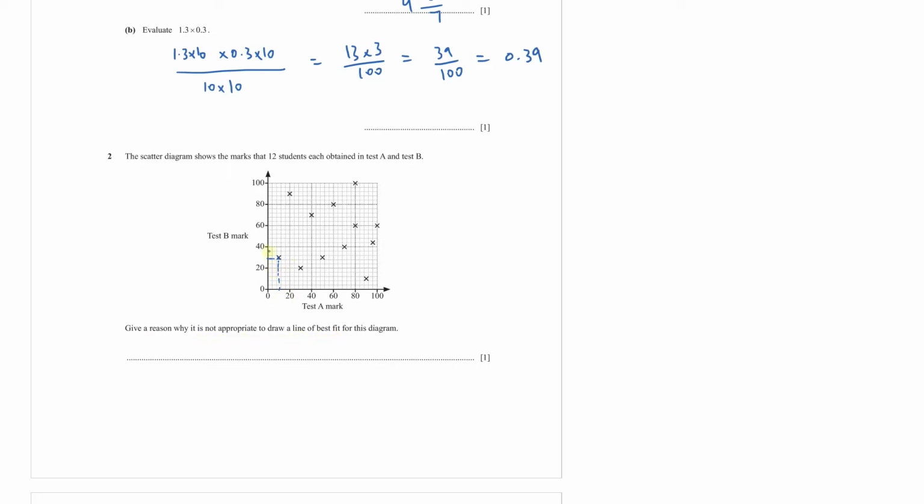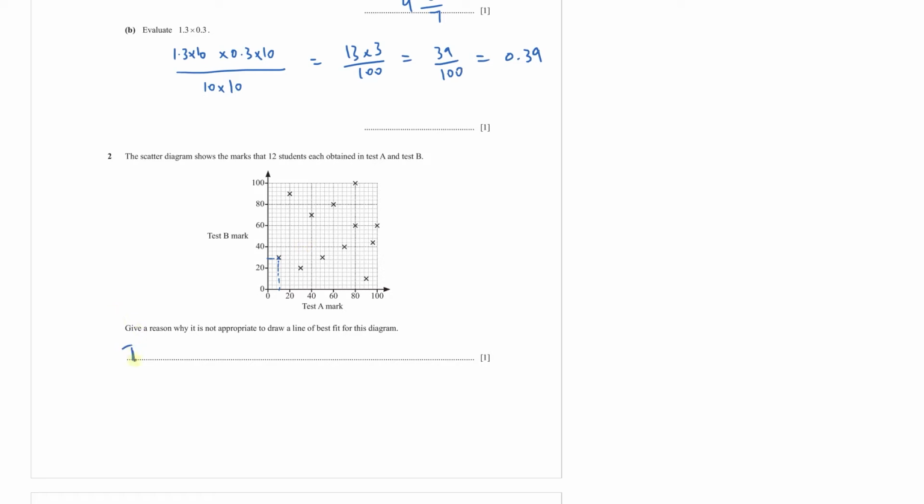So if you see, there's no correlation between the marks obtained in test A and the marks obtained in test B. There's no positive correlation where, if marks for test A are increasing, marks for test B increase as well. Here you see they are increasing, but then they decrease as well. So it's like a scattered plot where you cannot find a positive nor a negative correlation.